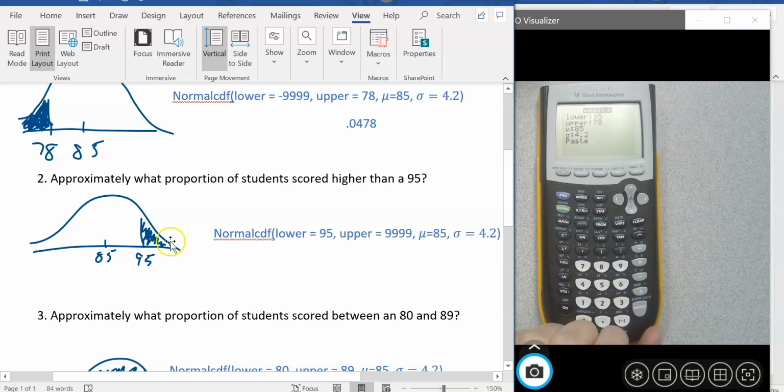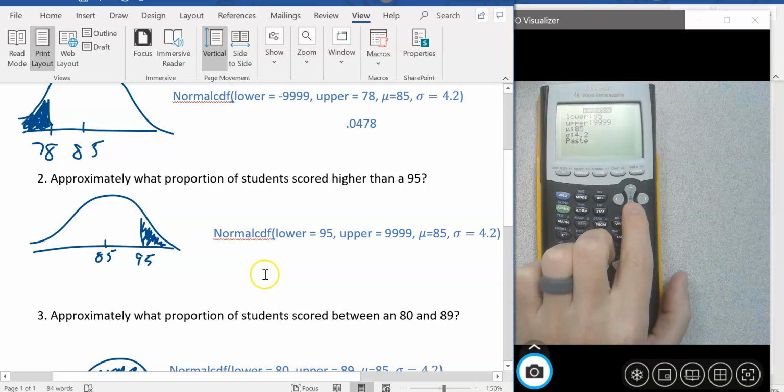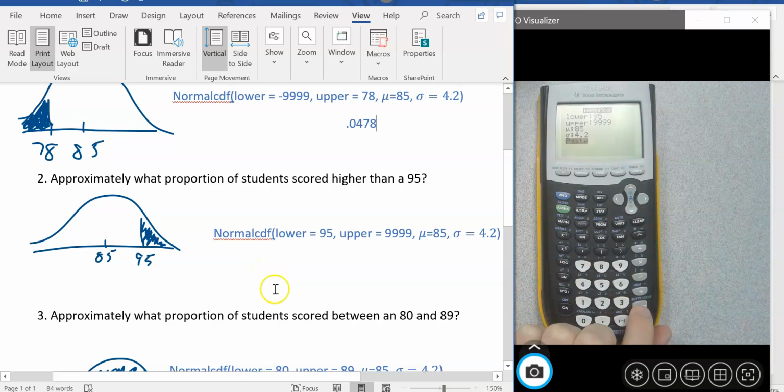My upper bound technically goes on forever, so I'm going to pick something really, really large, like 9,999. Leave mean and standard deviation the same. Hit enter again, and we get an answer of 0.0086. So a very small percentage of the students are going to score higher than 95, a little bit less than 1%.